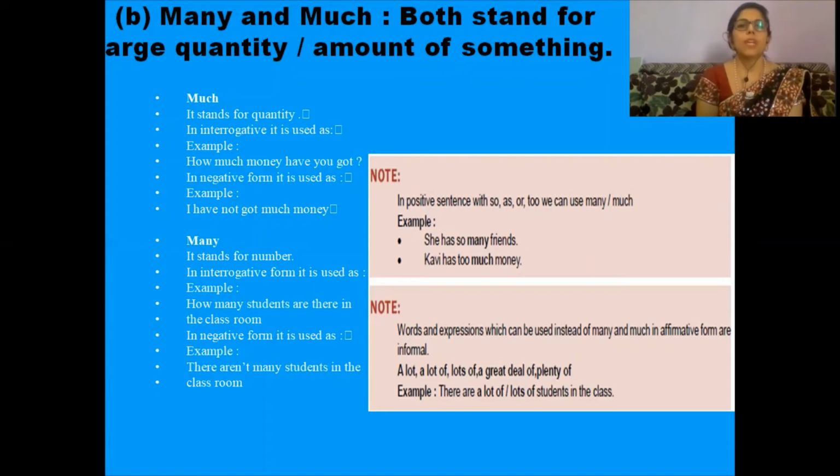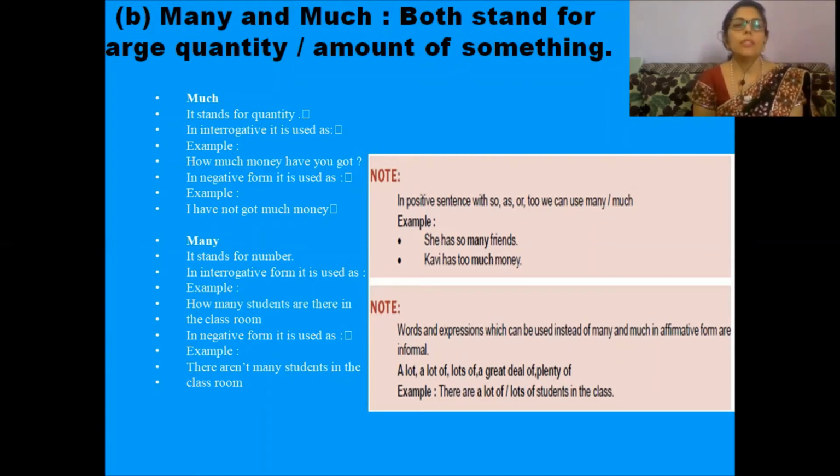For example, I have not much money. How much money do you have? In negative form, it is used as I have not got much money. Many stands for number.